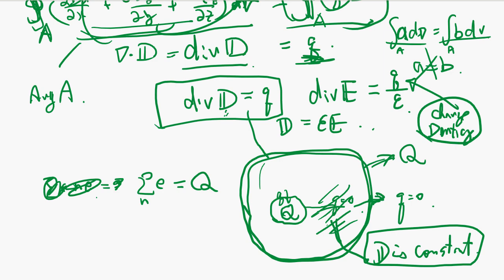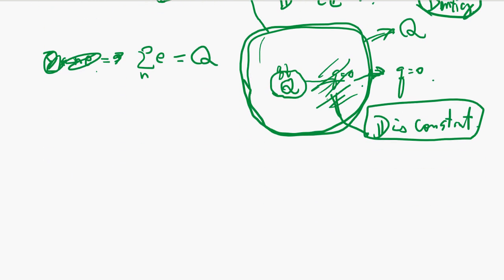Okay, now why Gauss claim is correct, that's the subject for the next video. But today we go through the integral form of Gauss law, which is the enclosed surface integral.